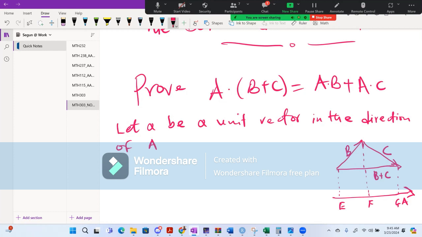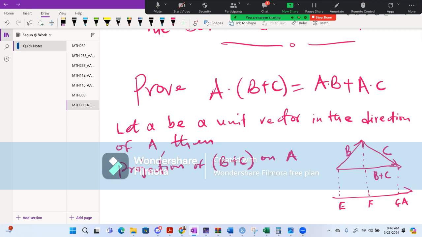Now, at this point, we can say, look at the projection of B plus C on A. What happens to it?